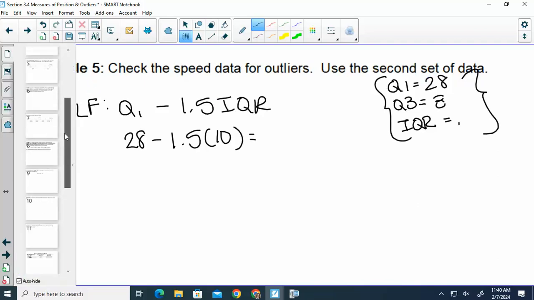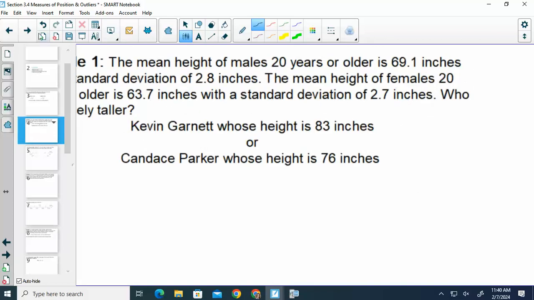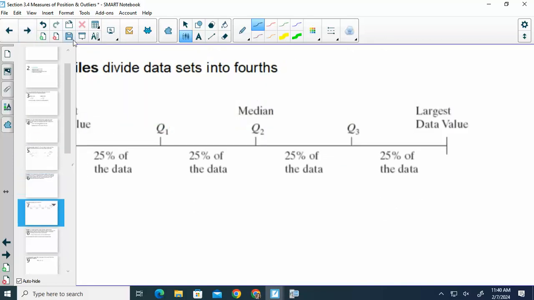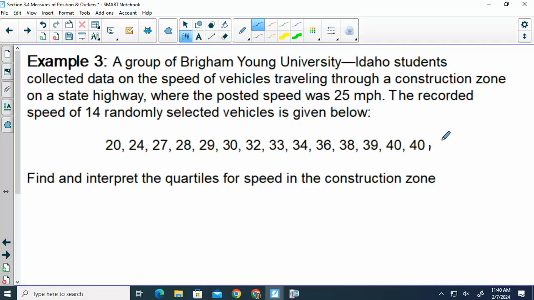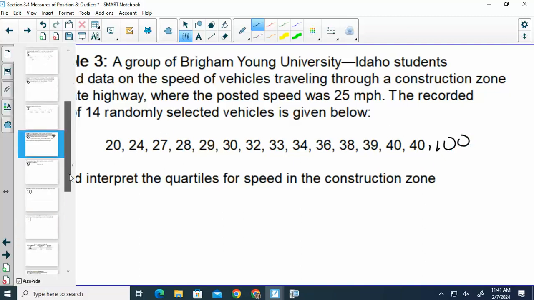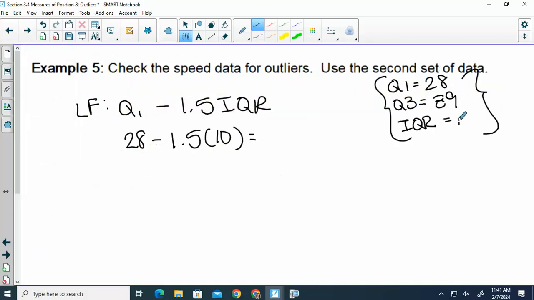Yeah, because we had these original points, and then we added in the speed of 100. So when we did that, quartile 3 was 39. So then our IQR would have been 11.